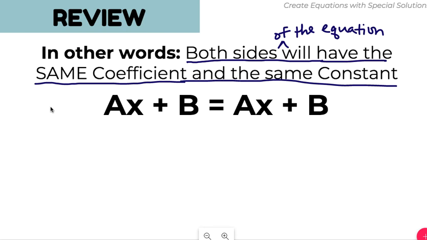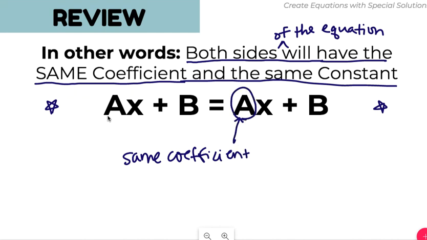Now I want you to copy this sample equation down as well. If we look at this, same coefficient. We have an A on the left and an A on the right. Same coefficient.